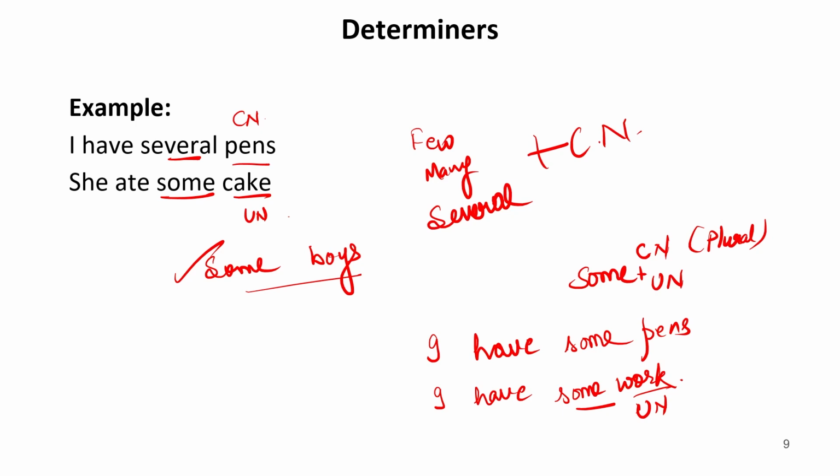So if some is used with a countable noun, that countable noun should be plural. But if it is used with an uncountable noun, that uncountable noun is always singular. So this is how we use these words.